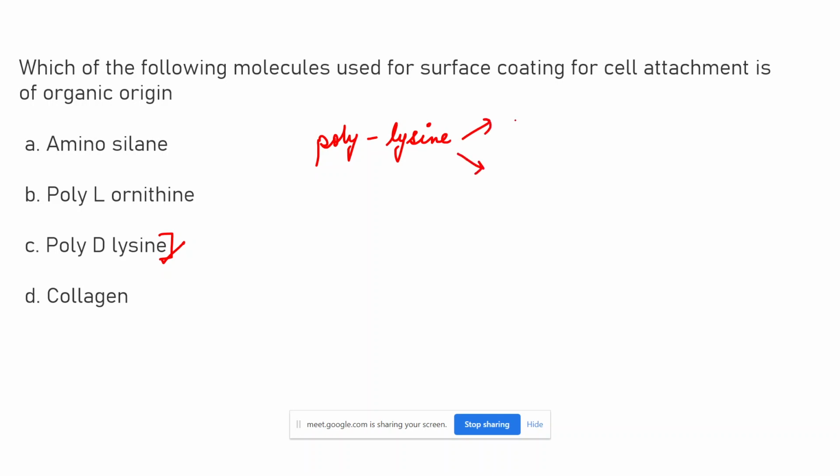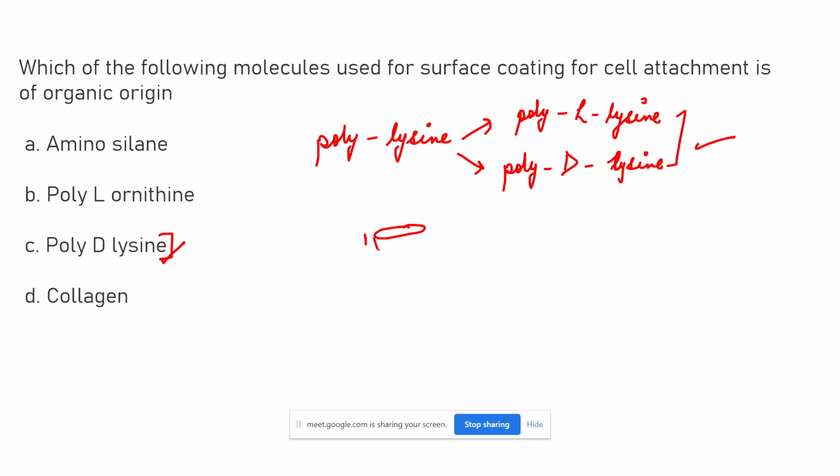and there are two forms, poly-L-lysine and poly-D-lysine. Any of the two forms can be used. Now, what polylysine does is it provides a positively charged surface, like the bottom of the dish is coated with polylysine.